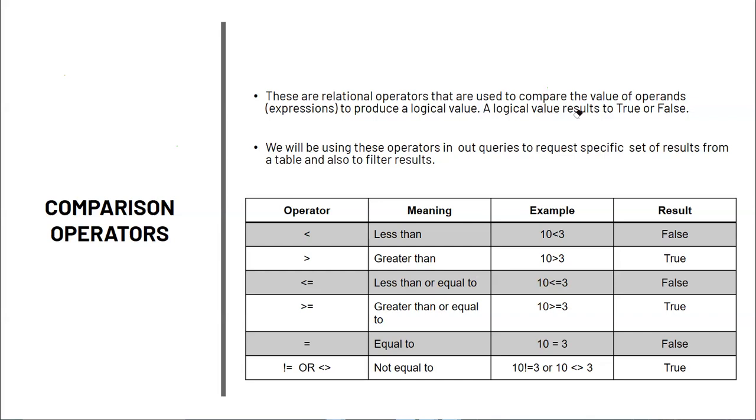So for example, if I say we have a budget and I just want to see all budgets that are not up to 10 million, because I've said not up to 10 million, it means in the budget you are going to present to me, 10 million must not be there.